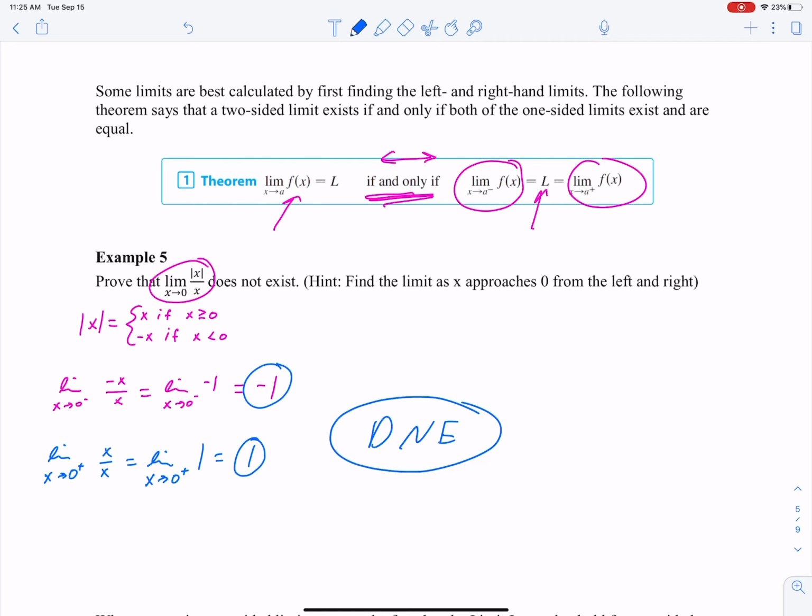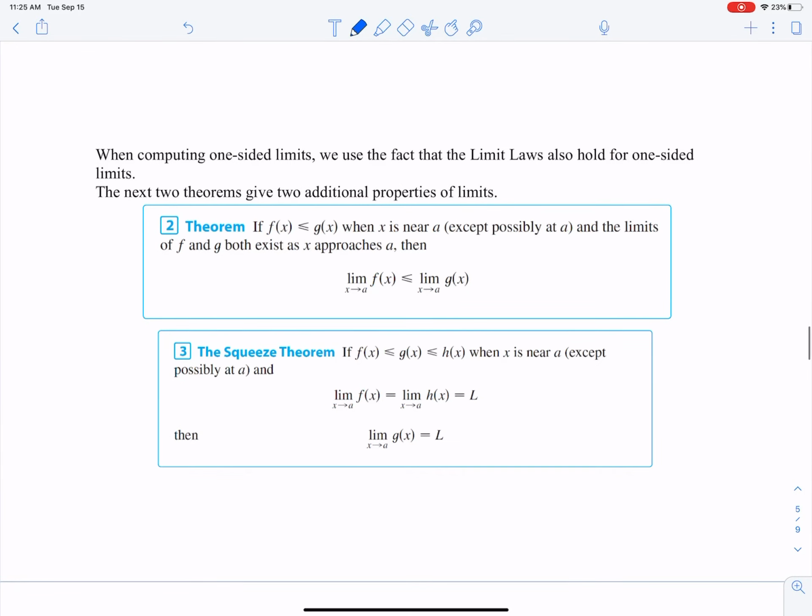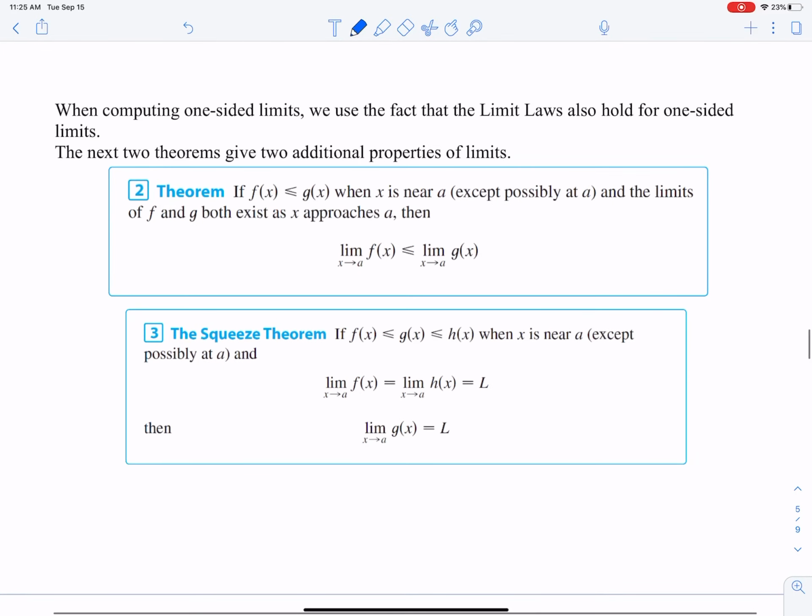Okay, moving on here. When computing one-sided limits, we use the fact that the limit laws also hold for one-sided limits. The next two theorems give two additional properties of limits. These are important as well. If f of x is less than or equal to g of x when x is near a, except possibly at a, we keep hearing that statement, right?